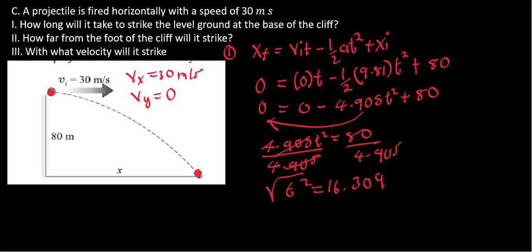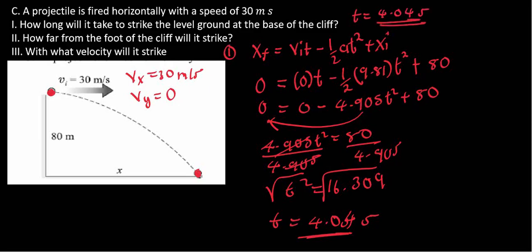So you find the square root of that, and after finding the square root you shall get 4.04 seconds. So the time that it took to reach the base is 4.04 seconds. So that's how you answer that question.